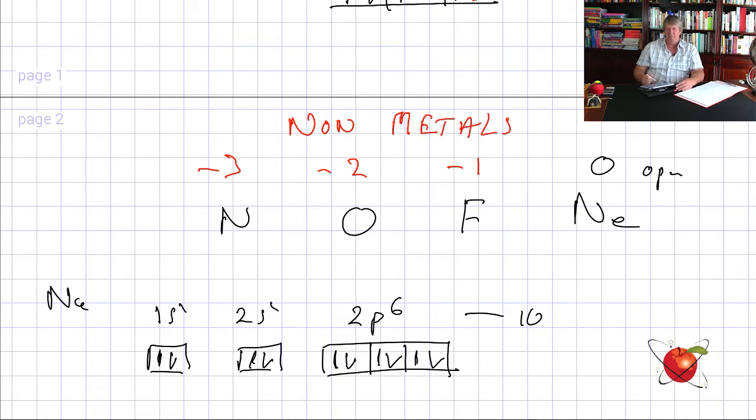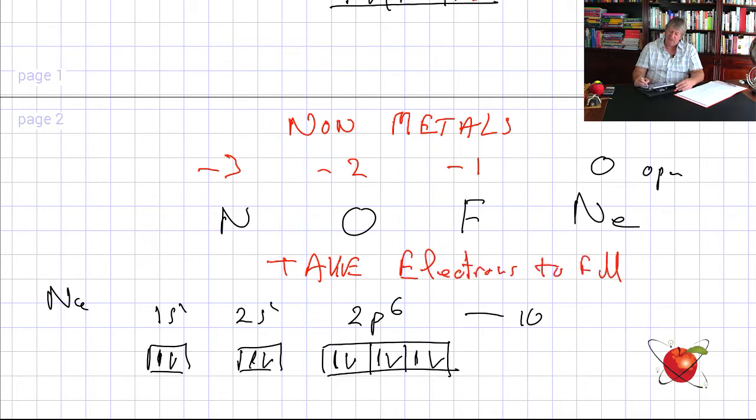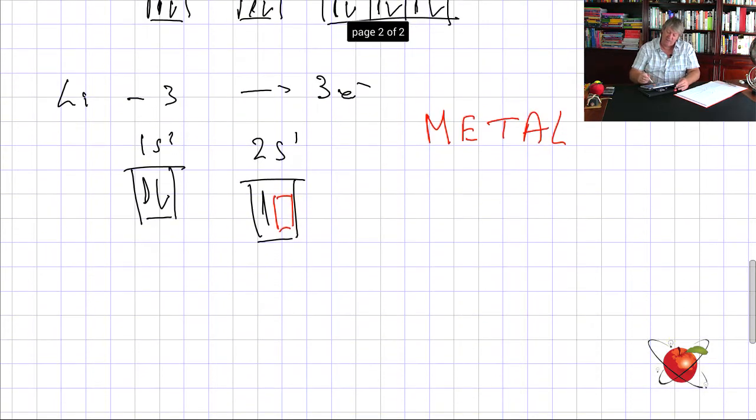What happens with non-metals? Non-metals take electrons to fill orbitals. Well then, what do metals do? They do the exact opposite.